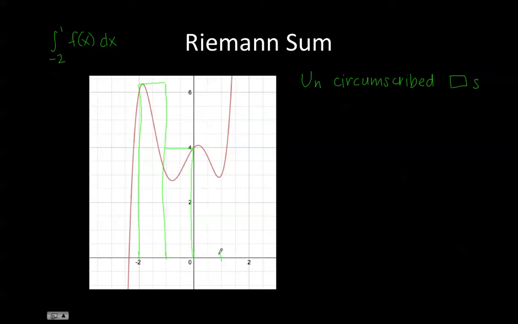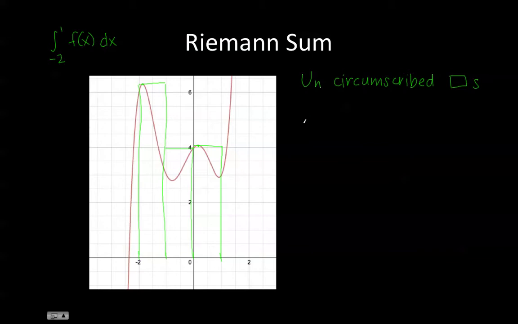And my third increment over here has a high point over here, so that would be my sample point. So now I have my 3 circumscribed rectangles. The area of these 3 circumscribed rectangles, the sum of those areas, will give me my upper Riemann sum.